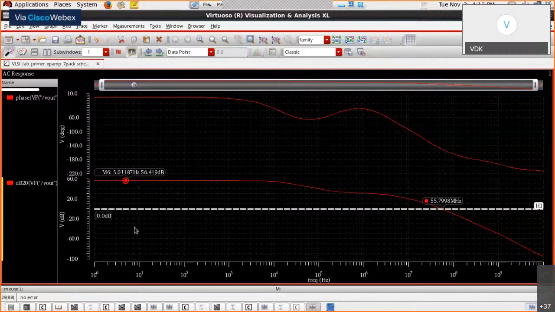From the gain and frequency response point of view, we could also have generated curves based on noise figure or power dissipation. So in the end, we are relating everything to the gm over ID technique.